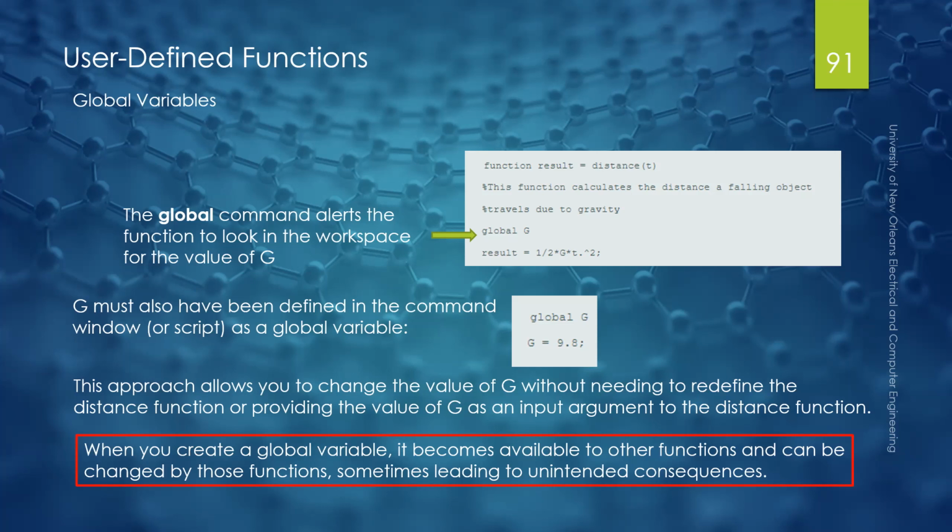This method allows you to change the value of g without the need to redefine the distance function, for example, or providing the value of g as an input argument to the function itself. Okay, so in this case, it might be a shortcut, but when you create a global variable, it becomes available to other functions and can be changed by those other functions, sometimes leading to potential problems.